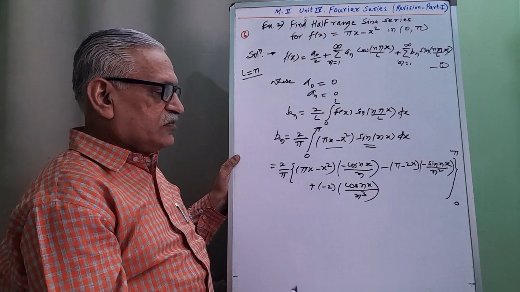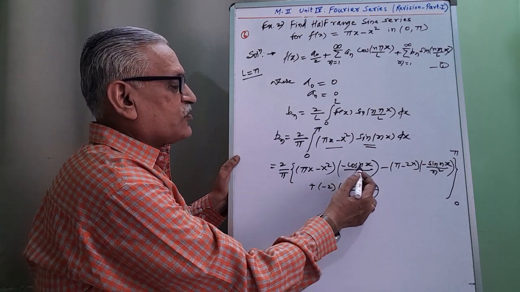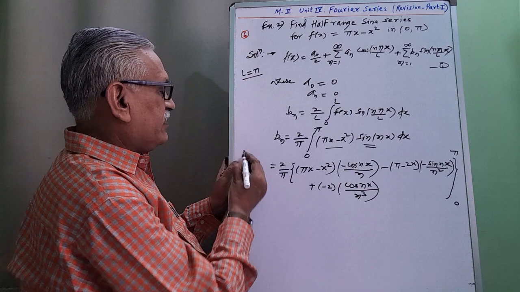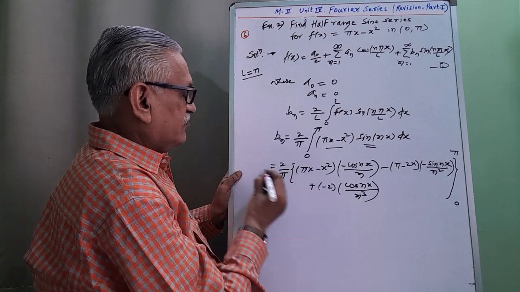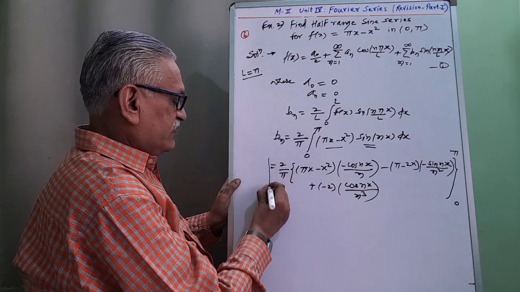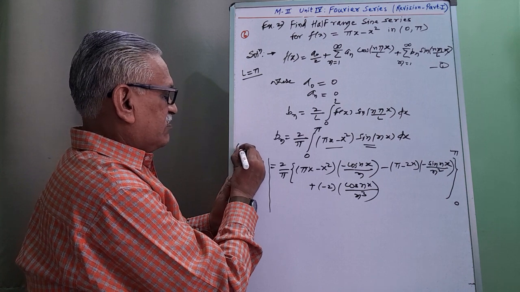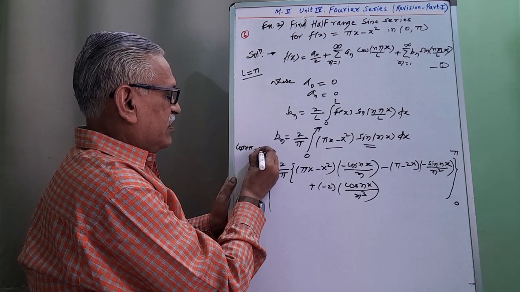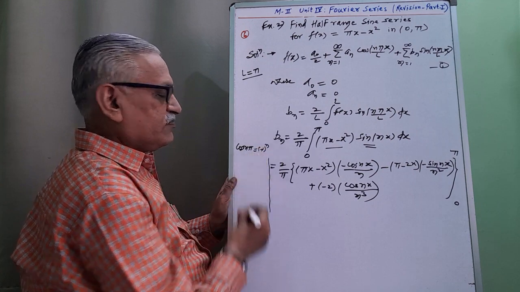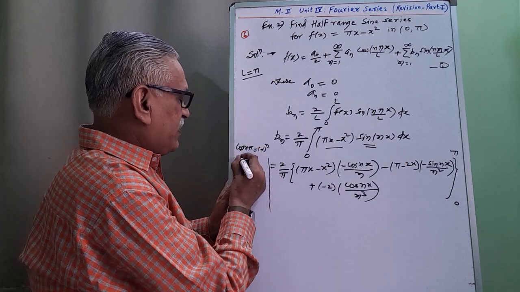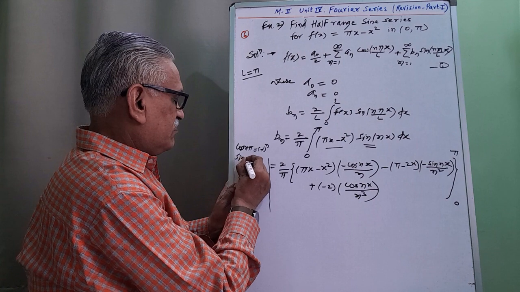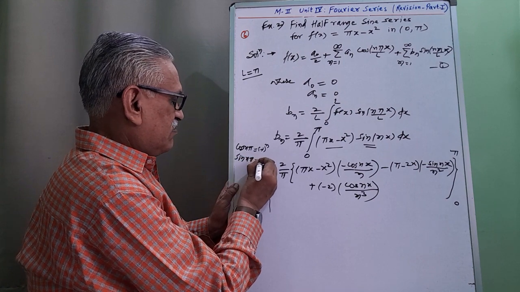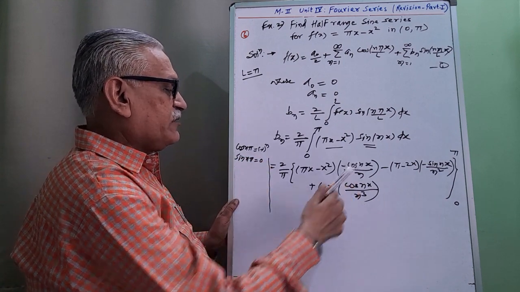And when we substitute, we are getting the term cos n pi, sin n pi. I will write down those values here. We know the value of cos n pi as minus 1 raised to n. Sin n pi is 0. For lower limit, it becomes cos 0.